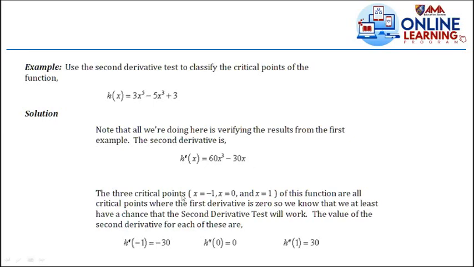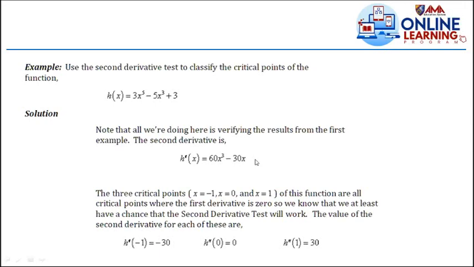Next, the three critical points. How did we get negative 1, 0, and positive 1? Here, if we factor this, you're going to have 30x multiplied by x squared minus 1.